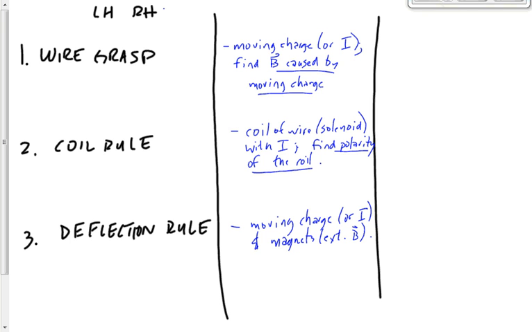Maybe you've got magnets, maybe you've got the Earth's magnetic field, whatever. You've got some kind of magnetic field that's not caused by the moving charge. Something that was already there, an external magnetic field. We want to find, in this case, not the direction of the field. We want to find the direction of the magnetic force.